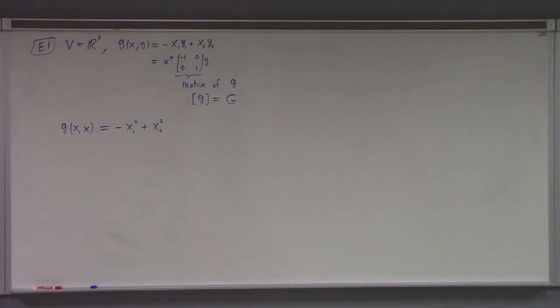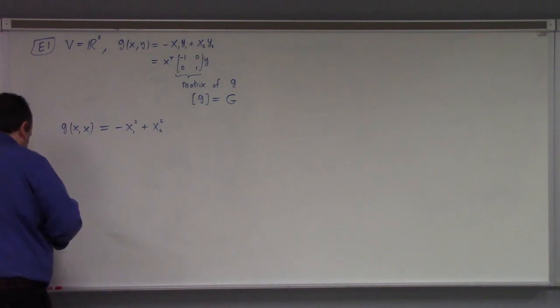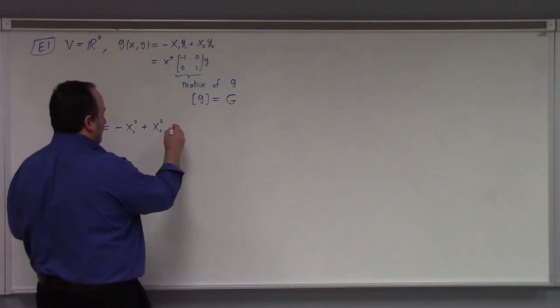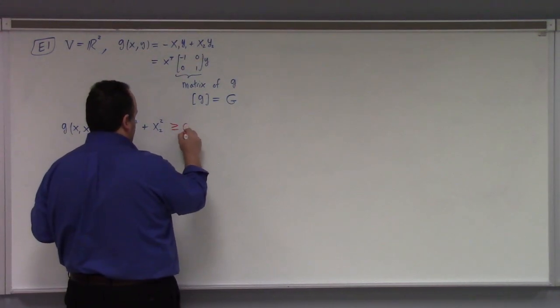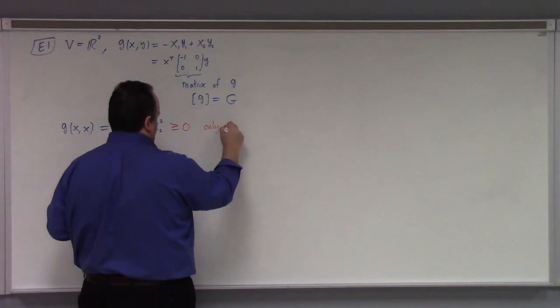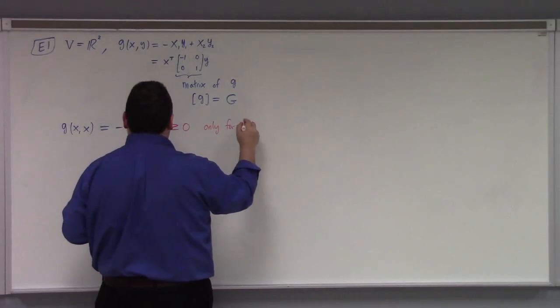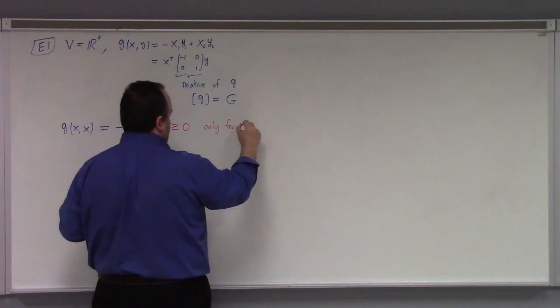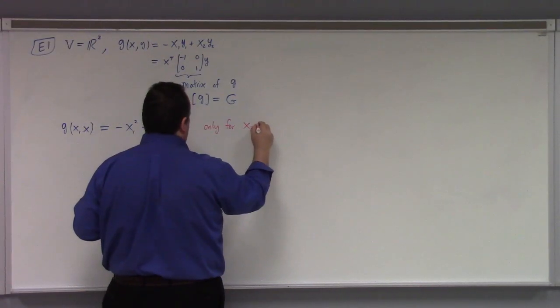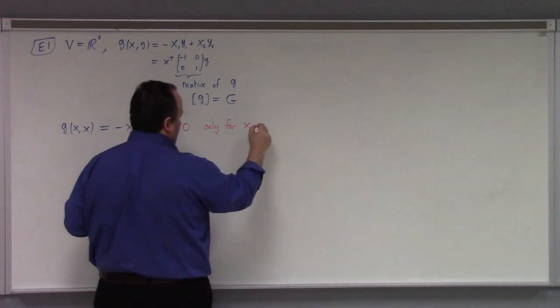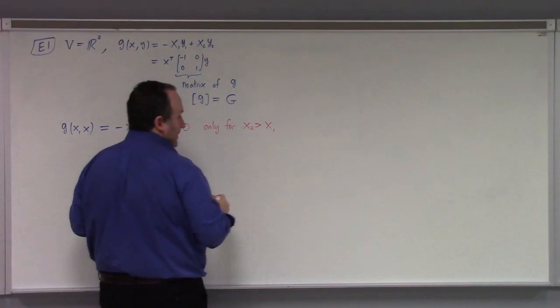There's really no reason that the difference of those squares should necessarily be positive. In fact, this is greater than or equal to 0 only for x2 greater than x1.